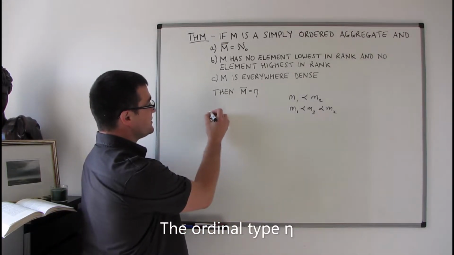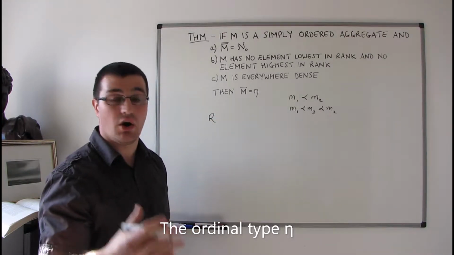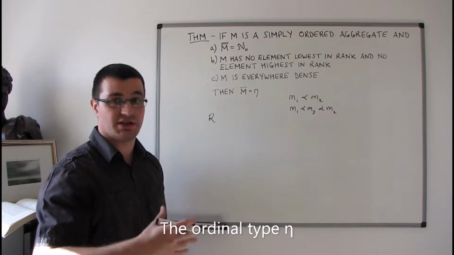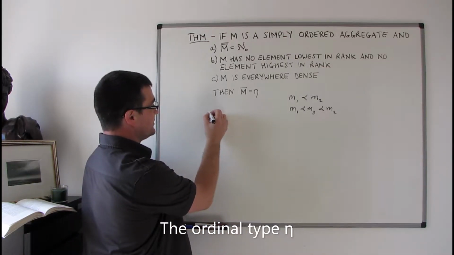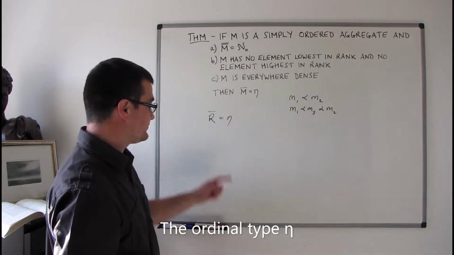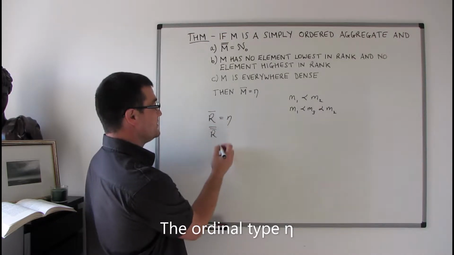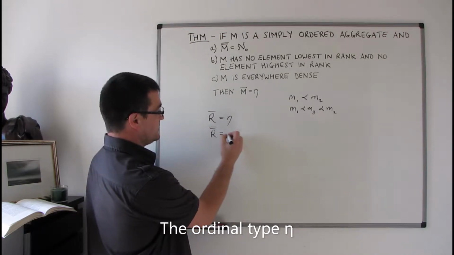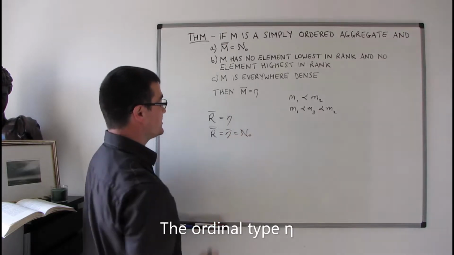Well, the ordinal type of R and the order defined on it was determined by the natural order. Well, the ordinal type of R is what we call eta. And naturally, the cardinal number of R and the cardinal number of eta is Aleph naught.